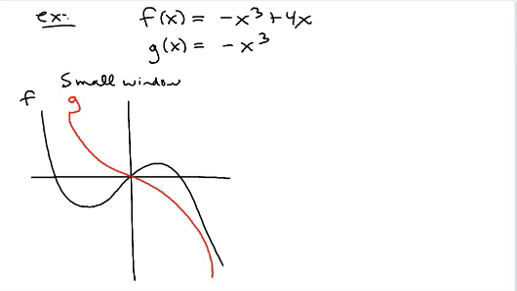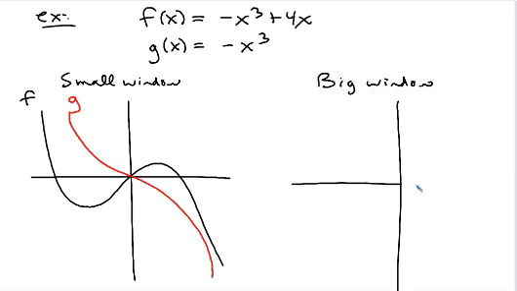But when you use a big window, they both wind up looking very, very similar when you zoom out. And that's the idea, that you make your window larger on the graphing calculator.